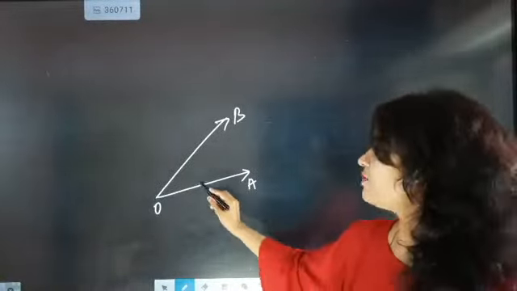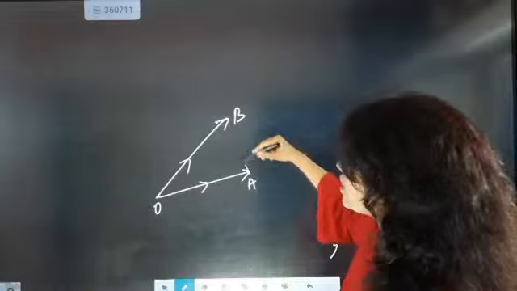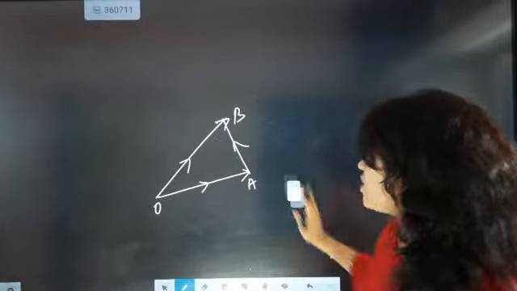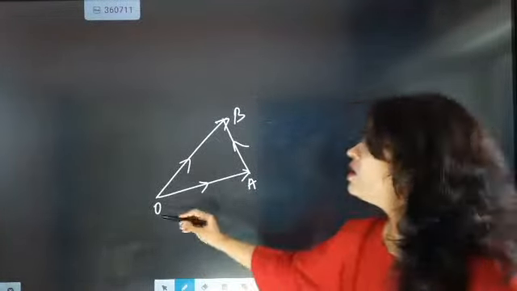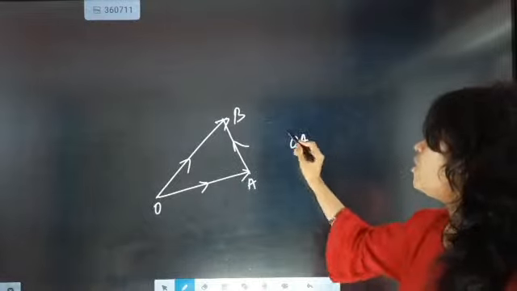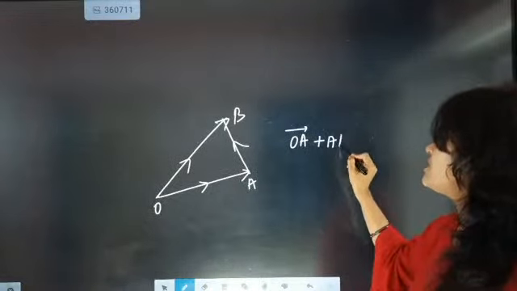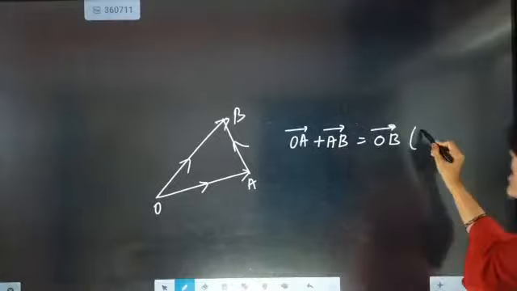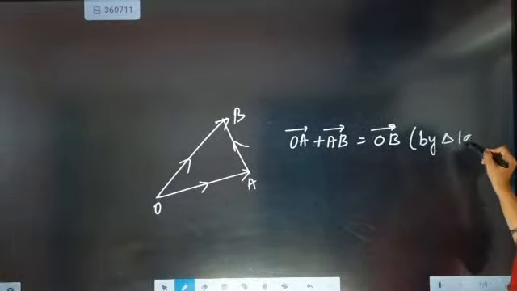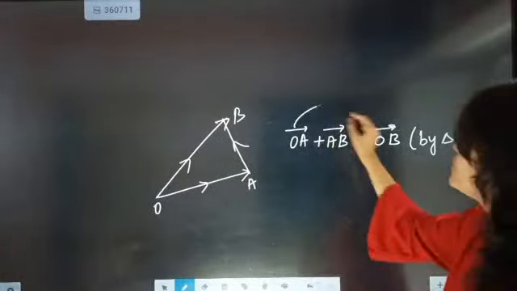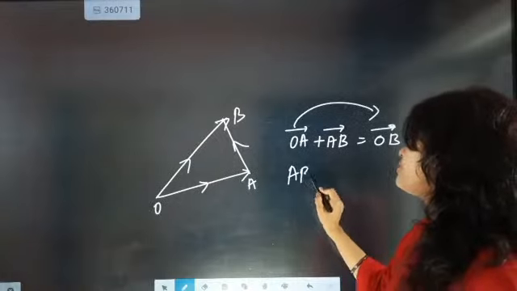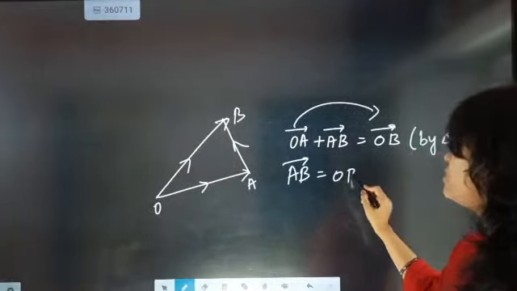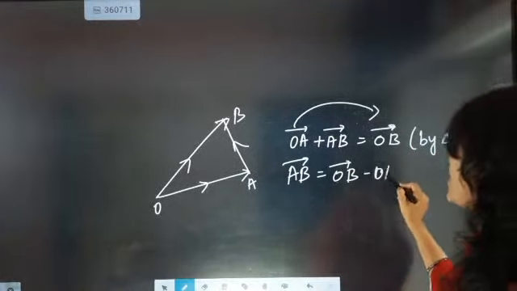Now the arrows are coming like this, and this arrow is going to merge like this. Now how do we write the triangle law? The triangle law is written as OA vector plus AB vector equals OB vector. Now shift this one to that side. So AB vector equals OB vector minus OA vector.